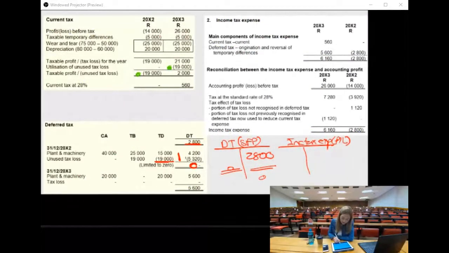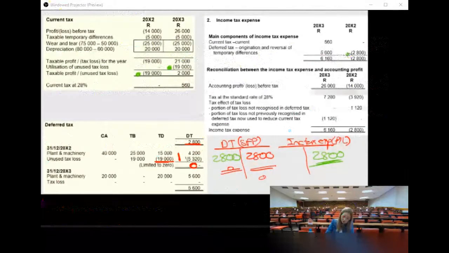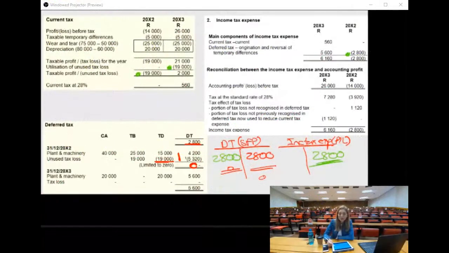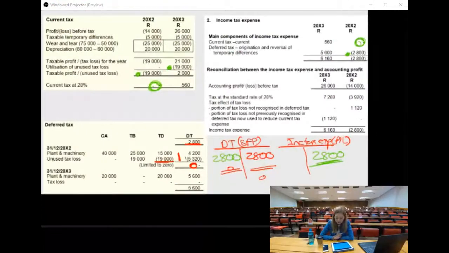We need a debit here of 2,800 to get to the 0 closing balance, and the other leg goes to the income tax expense. So there's our 2,800 credit in our income tax expense. That goes to our income tax expense note. We've got a 0 for current tax because we did not have any current tax, but we have this movement, the 2,800 movement.